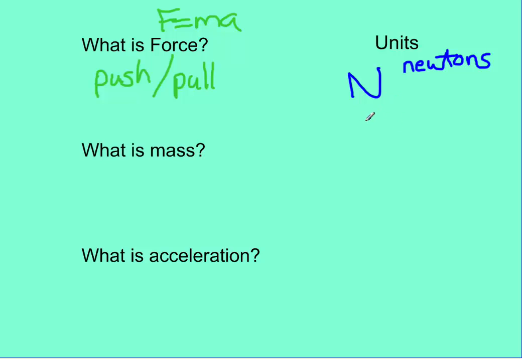Now, I'm going to tell you that a newton is also known as a kilogram meter per second squared. That may mean nothing to you right now, and if it doesn't, that is perfectly fine. We're going to come back to that later on in another video and explain that in some more detail. So what we need to know right now is force is measured in newtons.